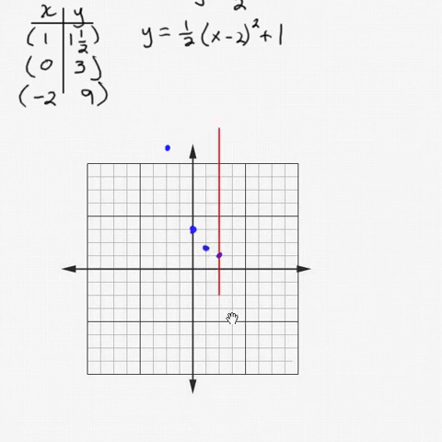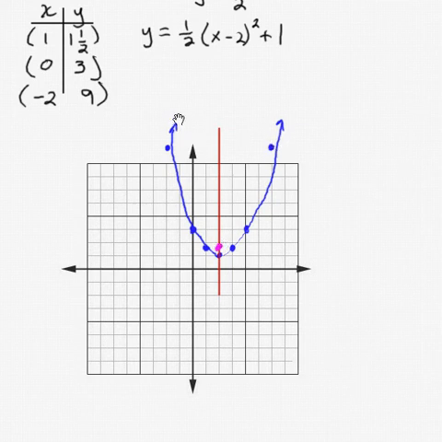And if we draw the axis of symmetry, we have points on the left side of my parabola, and we need their mirror images on the right side of the parabola. So if this is 1 to the left, I need 1 to the right. If this is 2 units to the left of the axis, I need a point 2 units to the right of the axis of symmetry. And at this height, if this is 1, 2, 3, 4 units to the left, I need 4 units to the right.